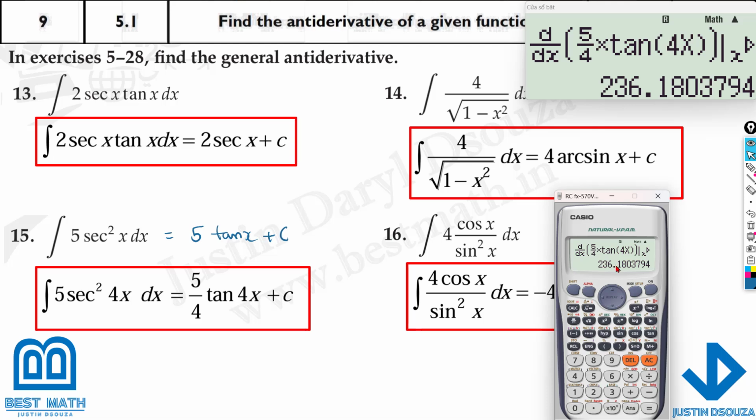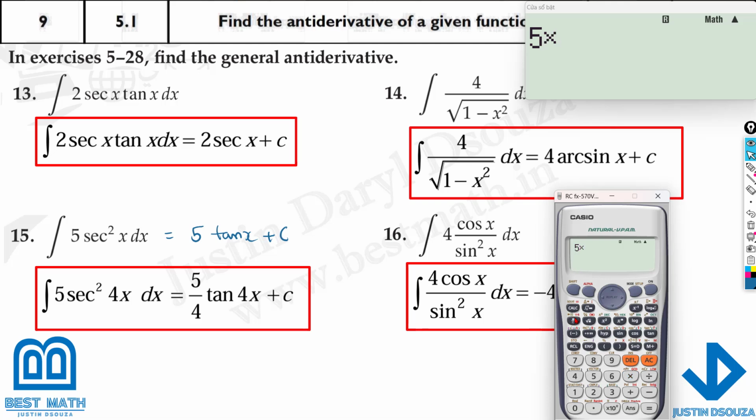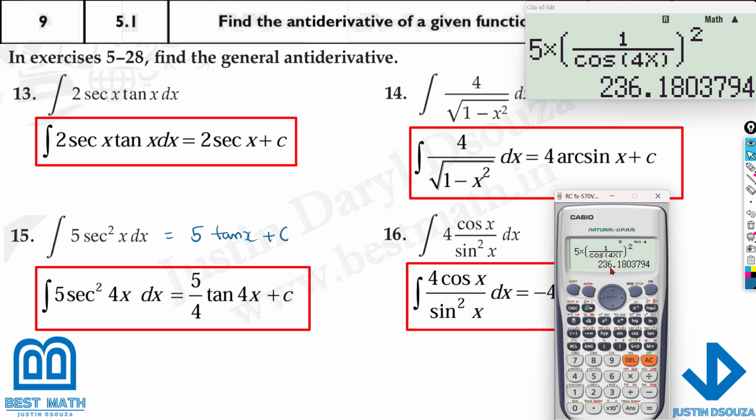It's 236.18. Now, what if I write phi multiplied by, let me use the brackets, 1 by secant is cosine. It's not cos inverse, it's just cos. Now, it's not only x, you can see it is 4x. So make sure you write 4x and then close the bracket, close one more bracket and then square it up. Calculate it at 2. The value is 236.180. So this is how we solve it.